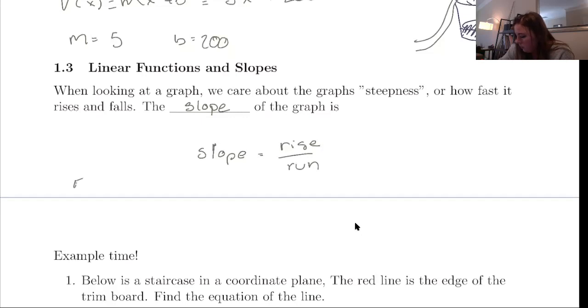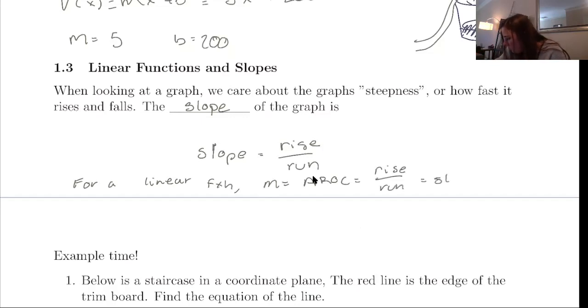And specifically for a linear function, M equals our average rate of change, which is also rise over run, which is also the slope. So now we have a lot of different things happening. We have M, slope, average rate of change, rise over run. They're all the same. It's like your one friend that always has 5 different nicknames. It's the same thing. Okay.